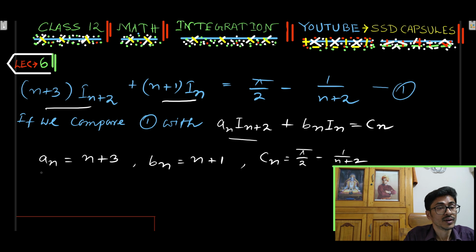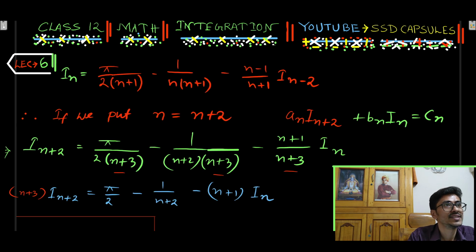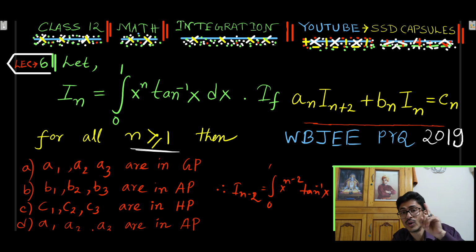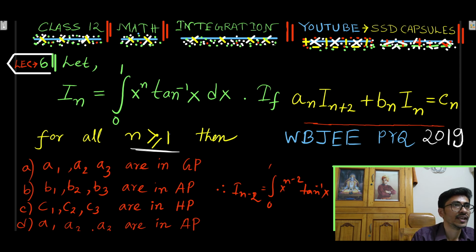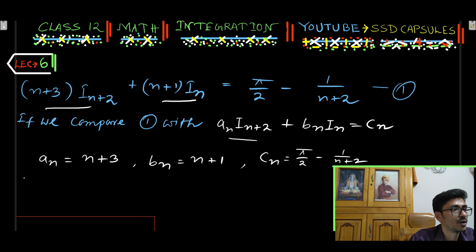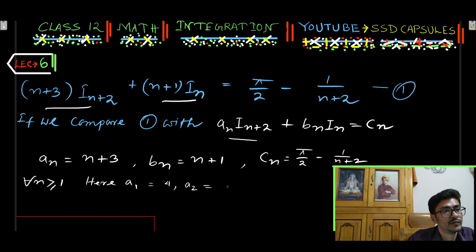Also it has been mentioned in the question that the values of n start from 1 and so on, so n equals 1, 2, 3. So if we put here for all n greater than or equal to 1, a_1 equals 4, a_2 equals 5, a_3 equals 6 and so on.